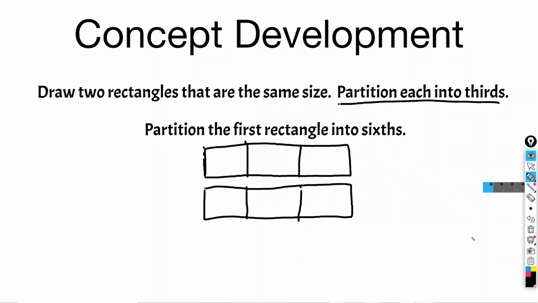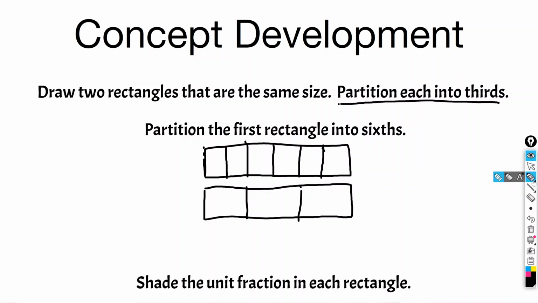The next thing I need to do is partition the first rectangle into sixths. So now I'm going to break each of these thirds in half, which ends up giving me 6 equal pieces. 2, 4, 6. And now it's asking to shade the unit fraction in each rectangle.